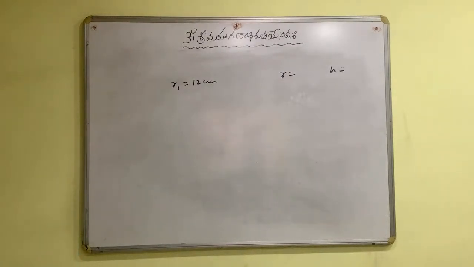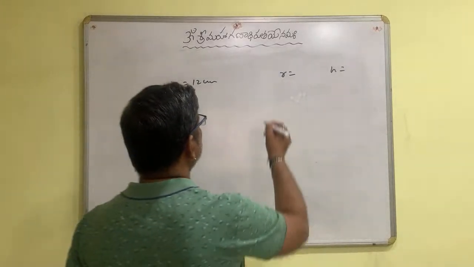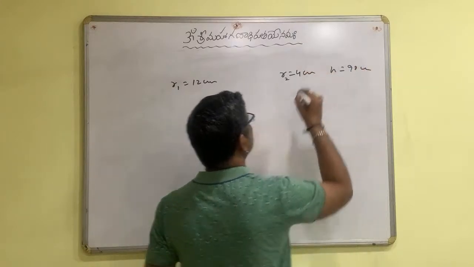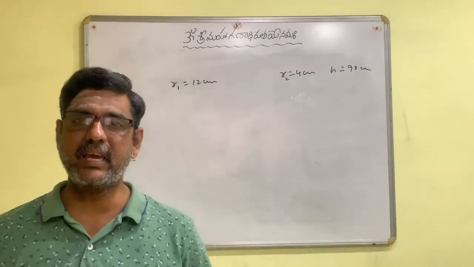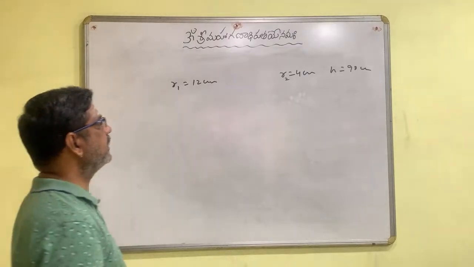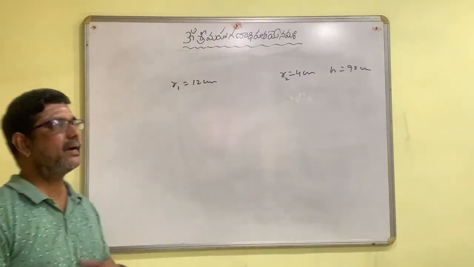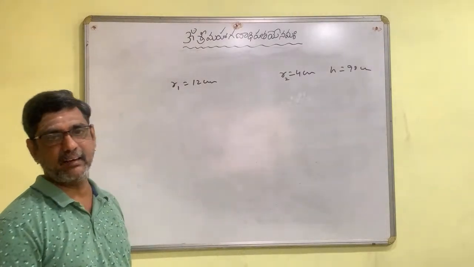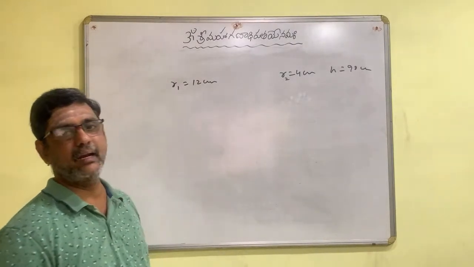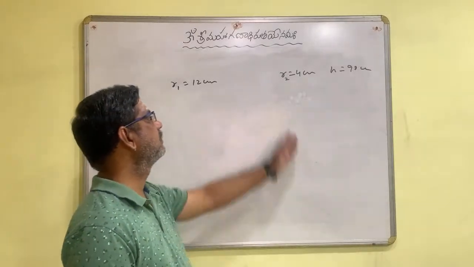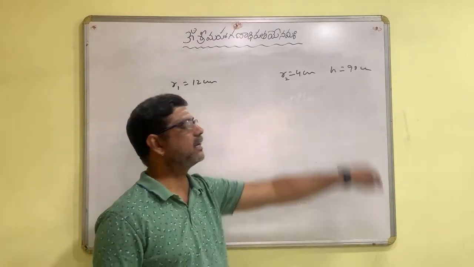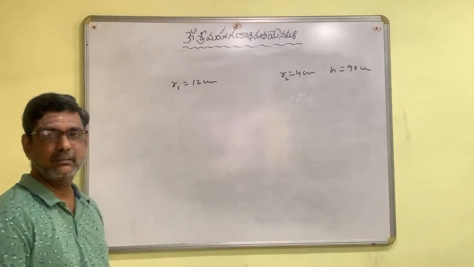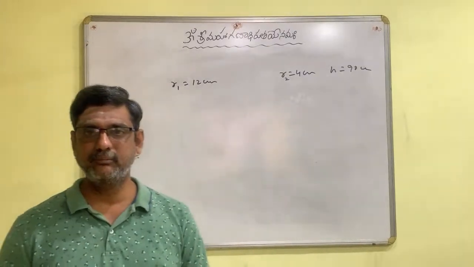Diameter 8, that means radius 4, height 90 centimeters. So what he is asking, spheres of radius 12 centimeters can be extracted from a solid iron cylinder of radius 4 centimeters and height 90 centimeters. This is what we have to do, children.